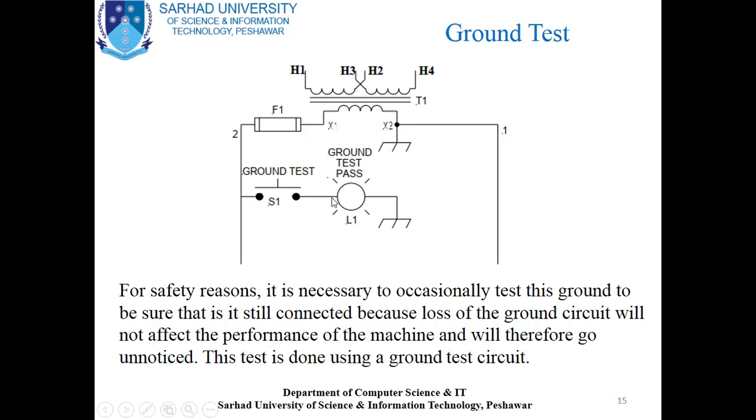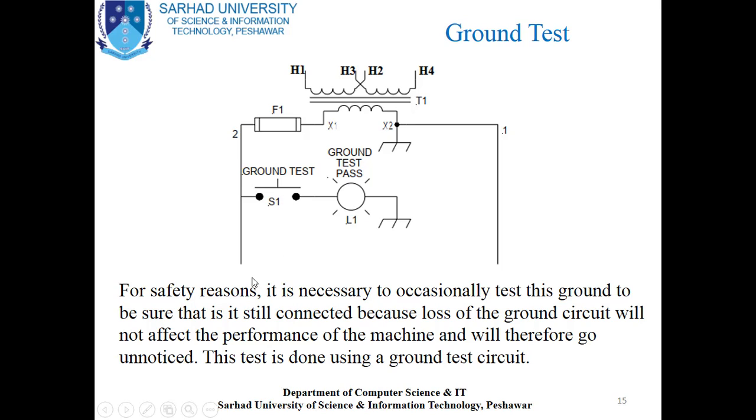If we press this switch 1 or S1, the power will pass through light 1 or L1 and go to the earth. So here the circuit path will be complete, and we can test the ground of the logic by the light and one switch, which is S1.